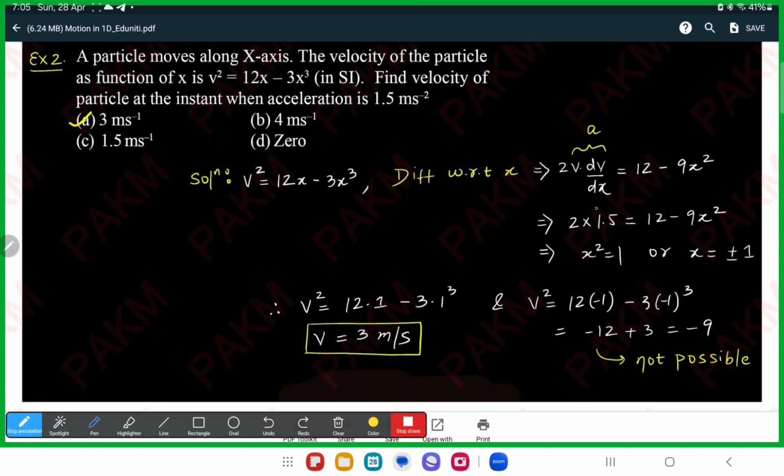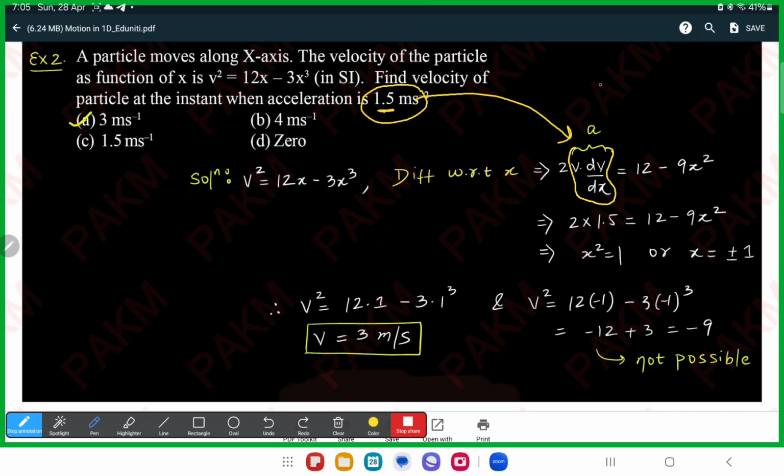Now what you are supposed to do afterward is find dv over dx. Here they have given: find the velocity at an instant when the acceleration is given, and v dv over dx is what acceleration is. Clear? An acceleration value they have given us, so we will keep this value over here directly.